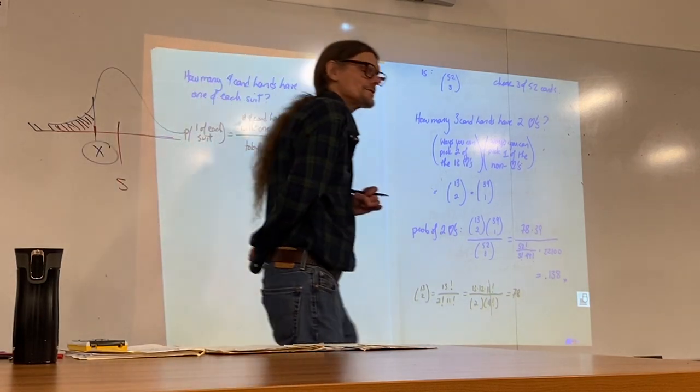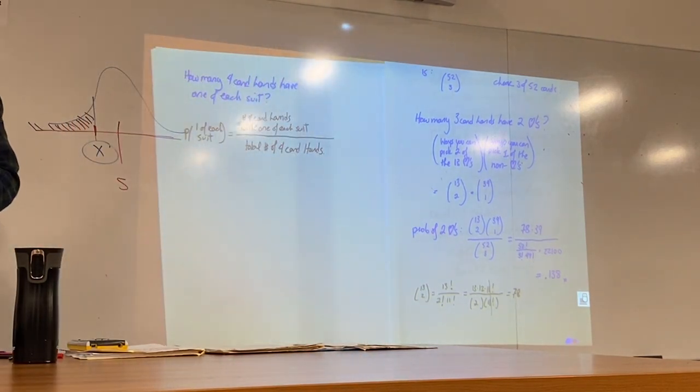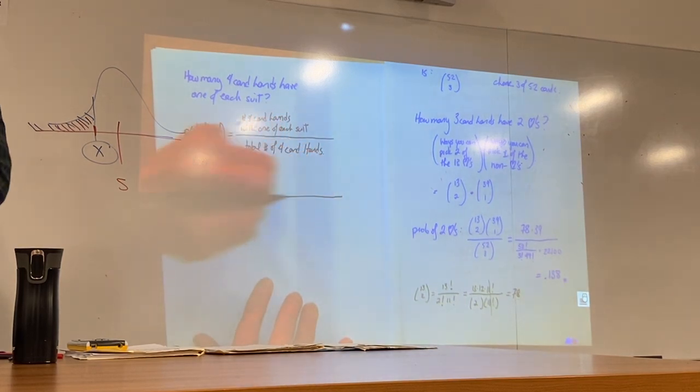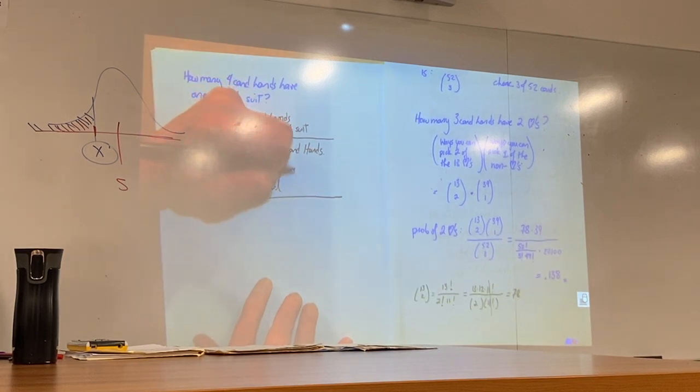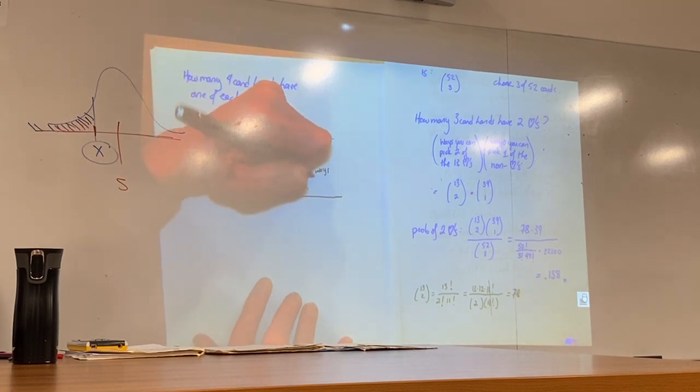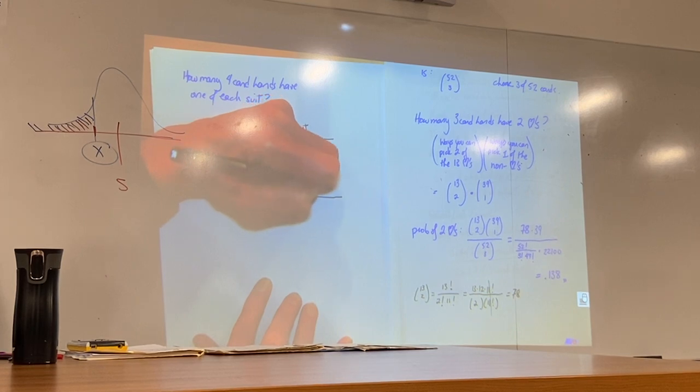Yep. Let's put a reason behind that. It's the number of ways to pick one of the 13 hearts, times the number of ways to pick one of the 13 diamonds, times the number of ways to pick one of the 13 clubs, times the number of ways to pick one of the 13 spades.